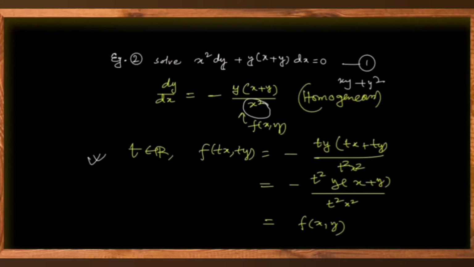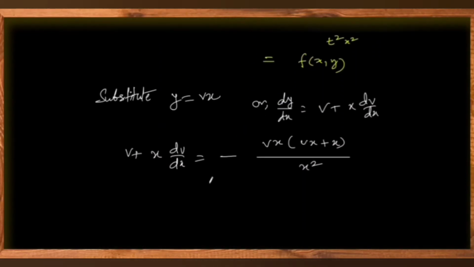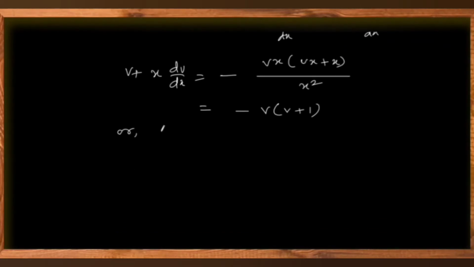So from here we get negative v times (v plus 1), or we can write this as x dv/dx equals negative v times (v plus 2), because on the right hand side we have negative v square, negative v, and from the left hand side negative v.